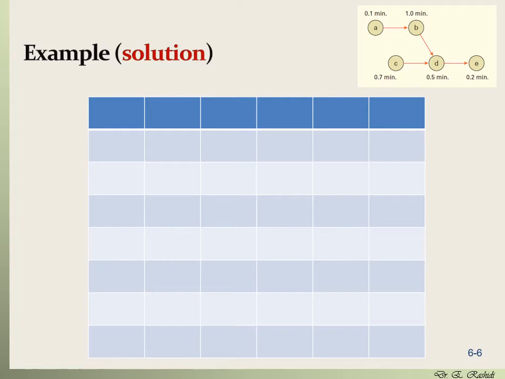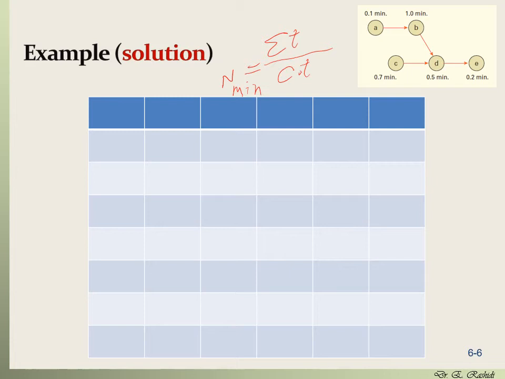The first step is to figure out the theoretical number of workstations. The cycle time is 1, and according to the formula, the theoretical minimum number of workstations equals the summation of processing time of all tasks divided by cycle time.